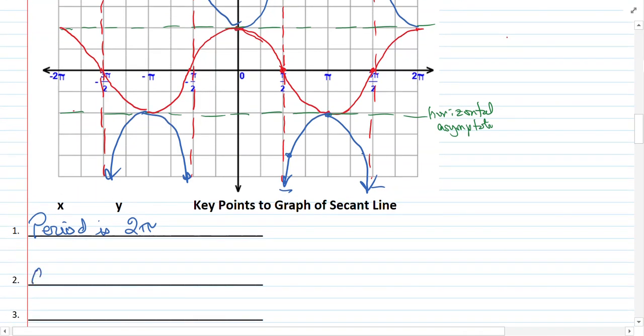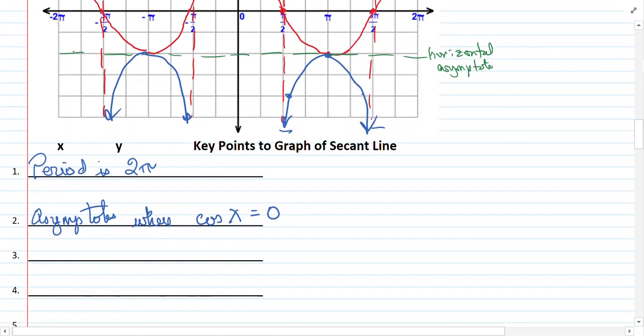It has asymptotes where cosine x equals 0. So those are the asymptotes. So that would be at pi halves, 3 pi halves, etc. on both ways, and the negative as well.